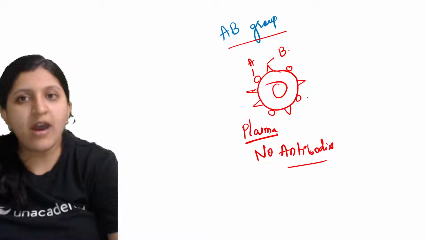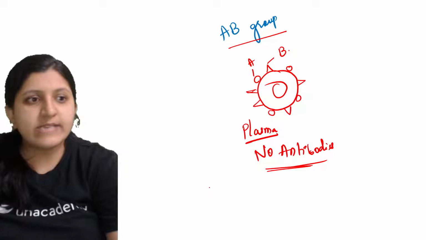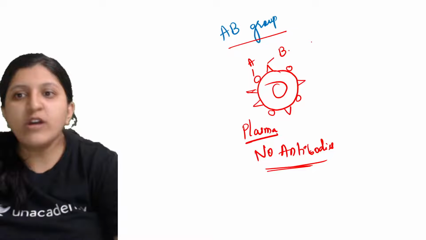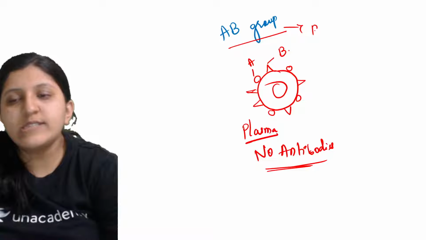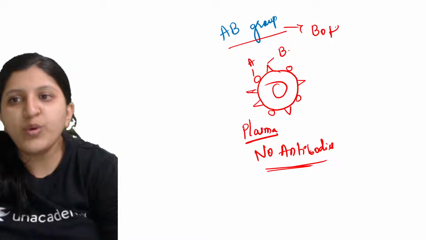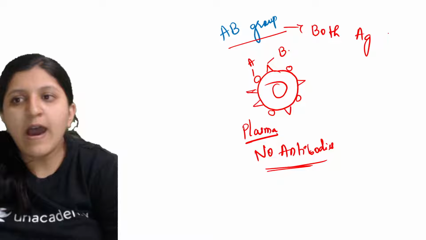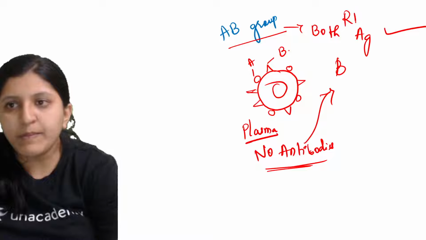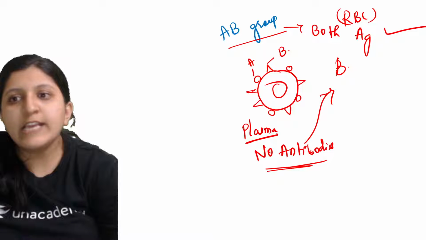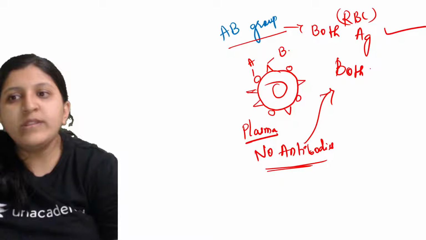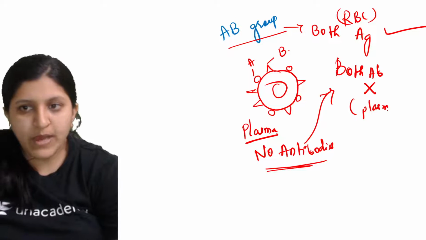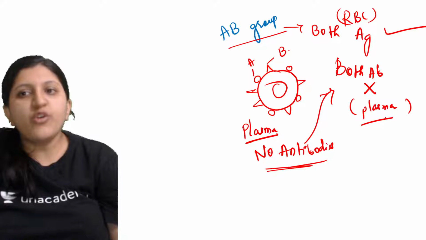That is why both antibodies are absent in the AB blood group, because both antigens are present on the RBC, and in the plasma both the antibodies are absent. So this is of the AB blood group.